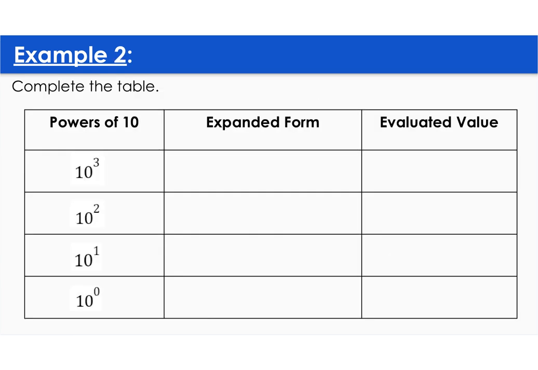So we're going to complete the table. We have 10 to the 3rd. Expanded form is writing out what we're actually doing.